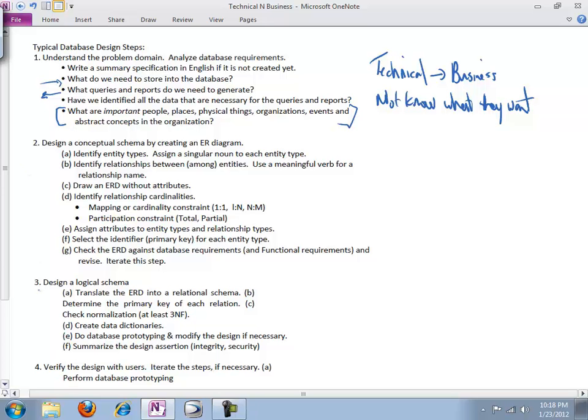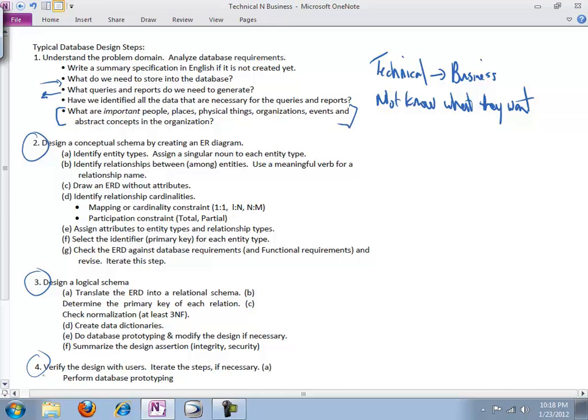Step 2 and 3 basically are high-level design, where we focus more broadly and less technically on what the solution is going to look like. And that's 2. And then we get slightly more specific, low-level design. And then in step 4, we focus on validation and testing and iteration as necessary.